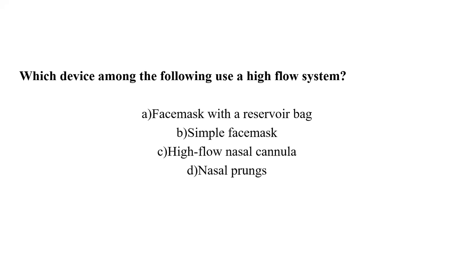High flow nasal cannula can go up to 60 liters. Nasal prongs, we saw that it has 1 to 5 liters, meaning that the one which uses high flow is the high flow nasal cannula. Next question, or next slide.